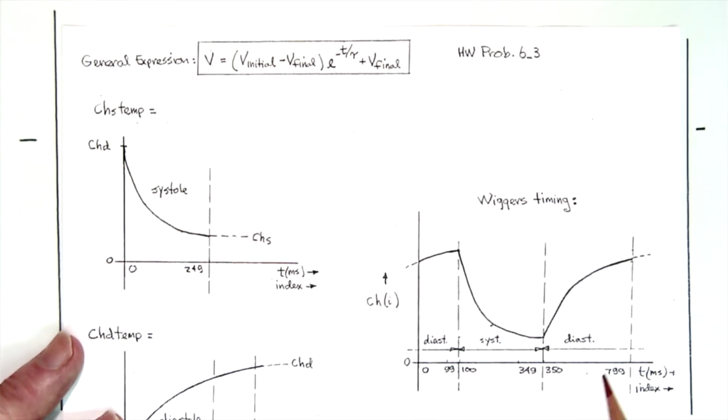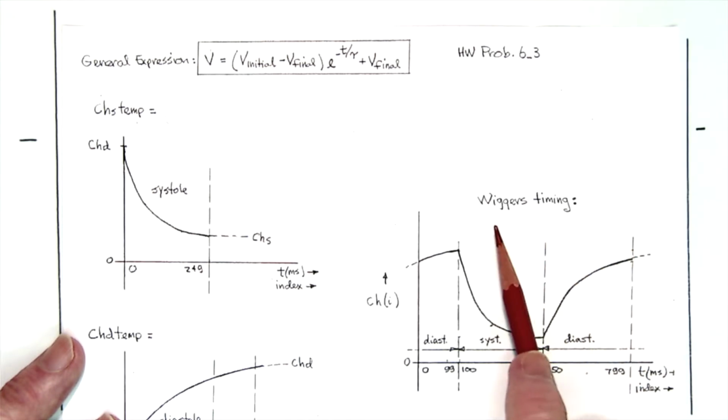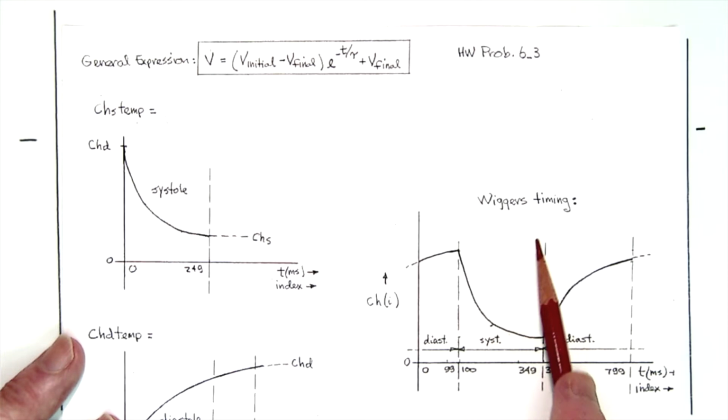That problem builds and generates a row vector 800 points long for the compliance in the heart during diastole and then systole and diastole, rising and falling exponentially, following the same timing as the Wiggers diagram, which has been so helpful to us in the past.